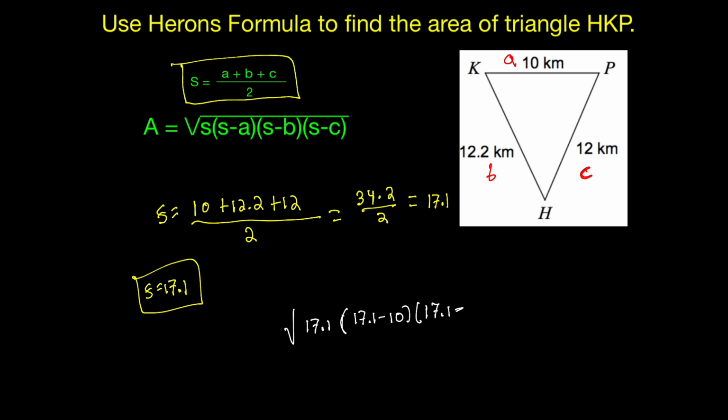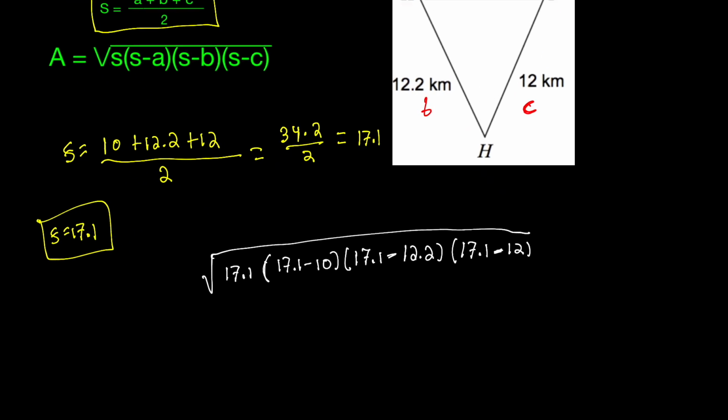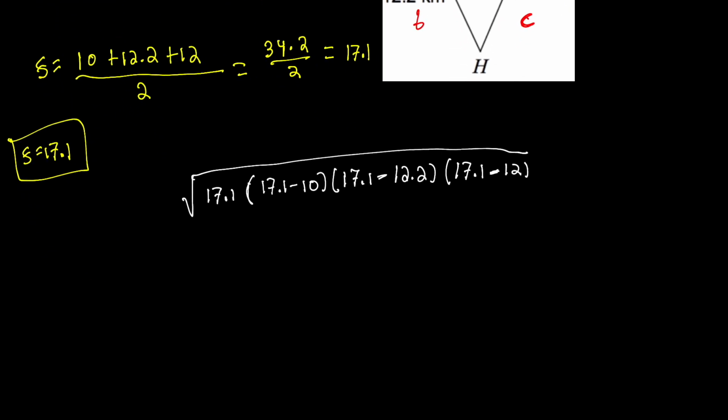This time I'm going to subtract B. B is 12.2. And then I'm going to multiply with the quantity 17.1, and we're going to subtract it with my final side, which is C. And in this case, that's just 12. And all of this is going to get affected by the square root.